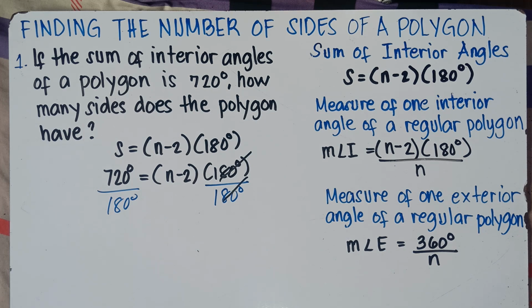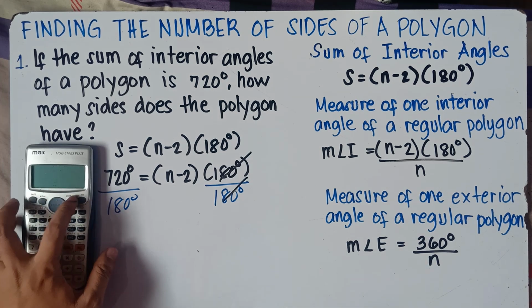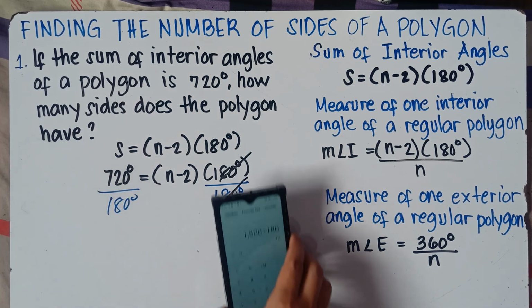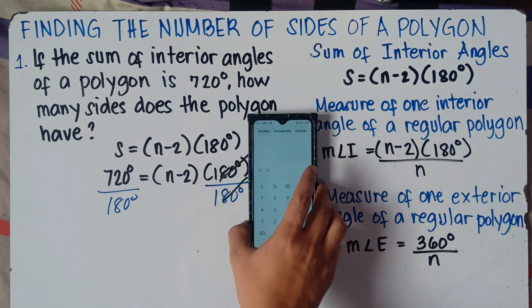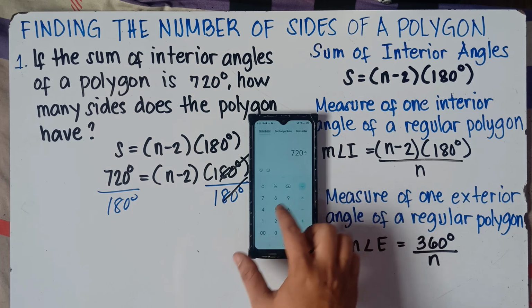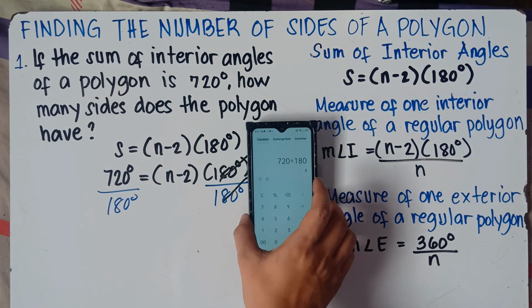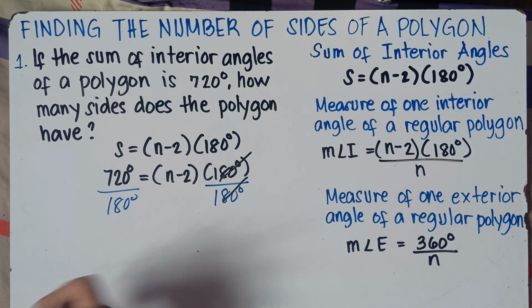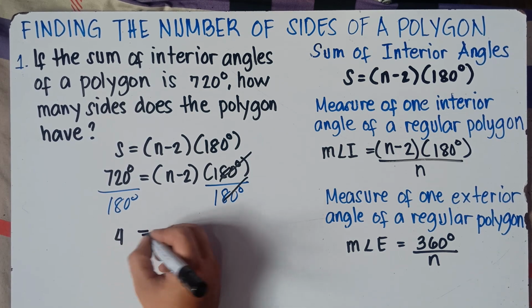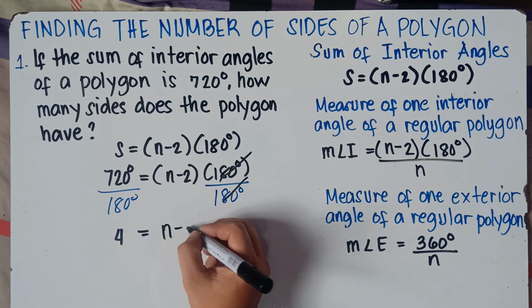You can use your calculator. My calculator is not turning on, so we will be using our cell phone. 720 divided by 180 is 4. So we have 4 equals n minus 2.